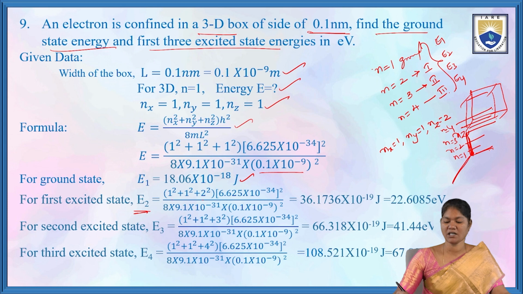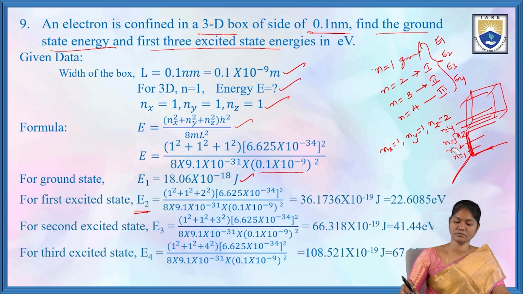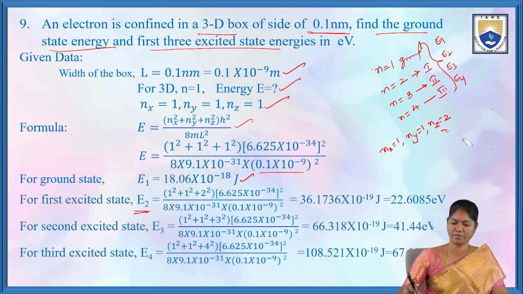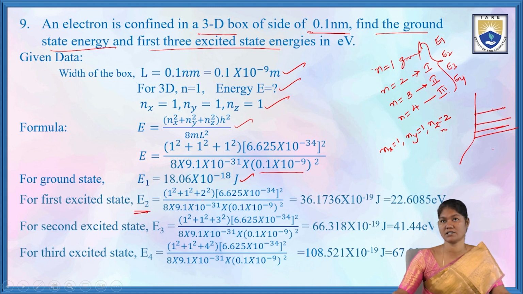The remaining nx and ny are the same. So first is the ground state, first excited state, second excited state, third excited state.